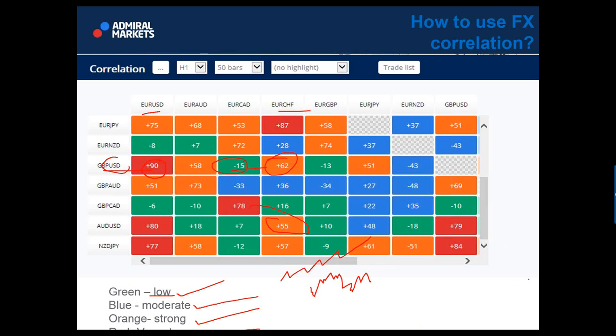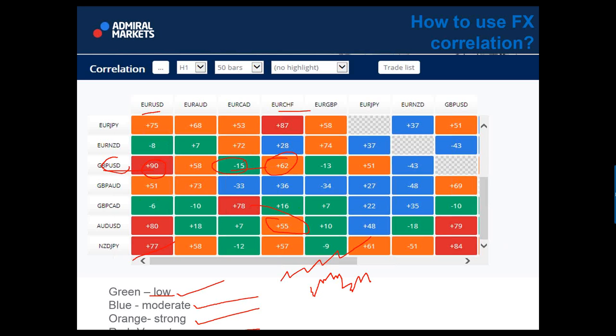Now, I know what some traders do. They open simultaneously a lot of highly correlated pairs. That means that they are basically using leverage. So opening GBP dollar long, Australian dollar long, New Zealand dollar long, let's say Euro Swissy long. It means that, look at this, guys. You need to check it out.